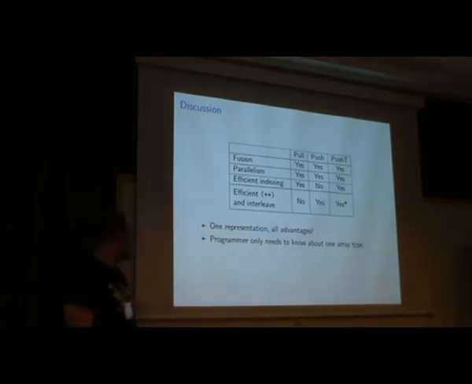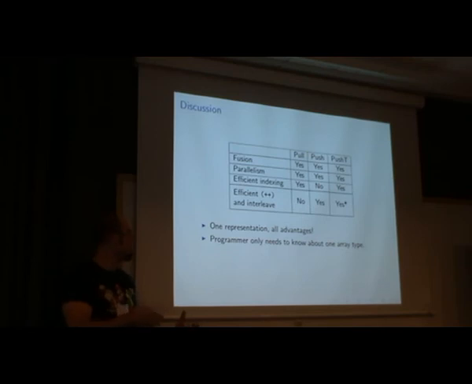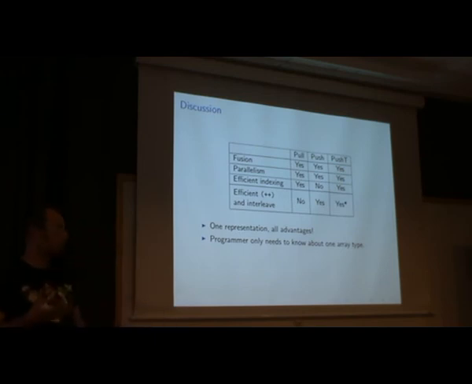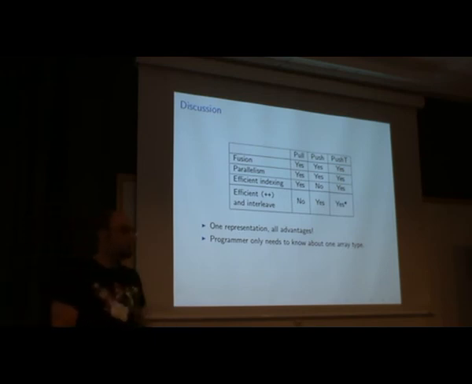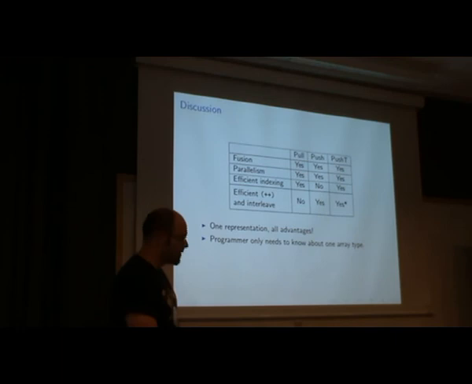But we have one representation at least, and if we program using what were originally push array functions, we get what we would have gotten before, and if we start using pull array aspects, we also get what we got before, but now with only one array type. So we haven't improved anything, but we decreased the size of the burden on our programmer.